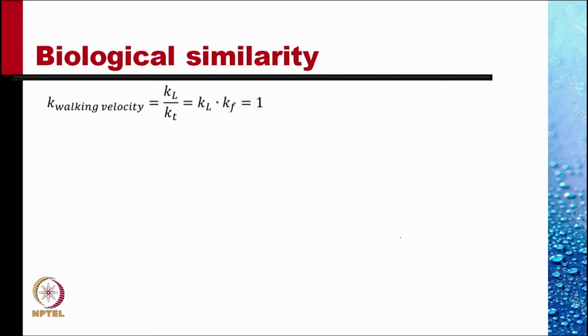And so the walking scale factor would be 1. The two species would walk at about the same speed, one taking longer strides but with far lower frequencies.